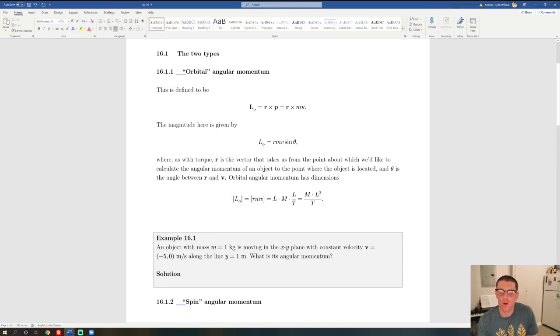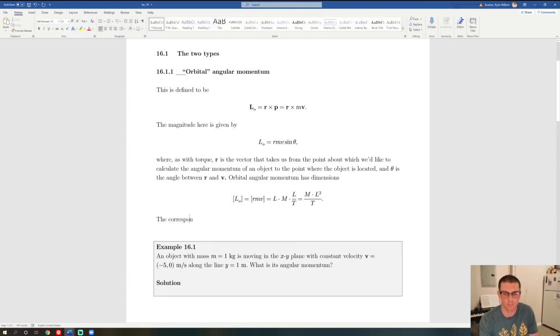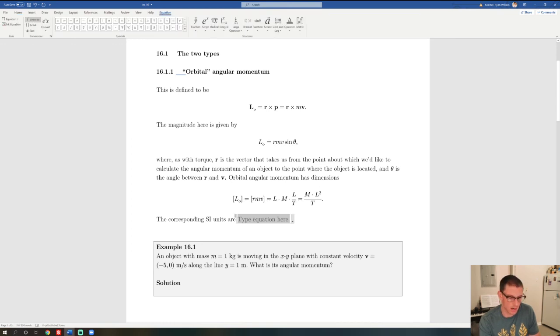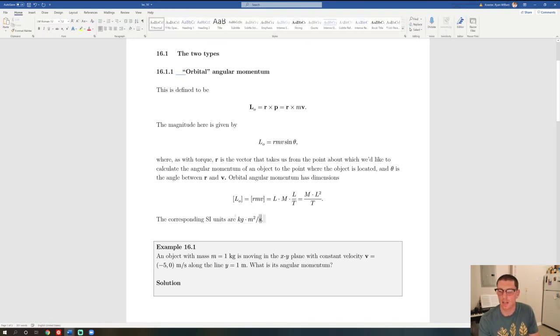The corresponding SI units, and I think you can see this, will be kilogram meter squared per second, right? And there's no unit that's defined to be a kilogram meter squared per second, so this is just what we'll write. I think you would call it a derived unit, but there's none that is used to describe angular momentum.